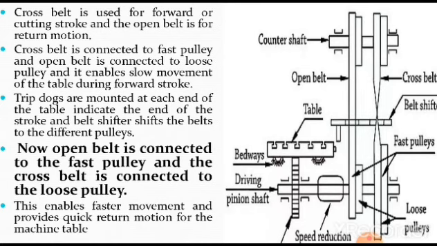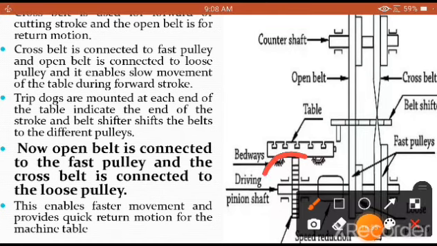So we need to understand that during the forward stroke we connect the cross belt to the fast pulley. Why? Because this pulley in turn gives motion to the pinion, as you can see clearly here.